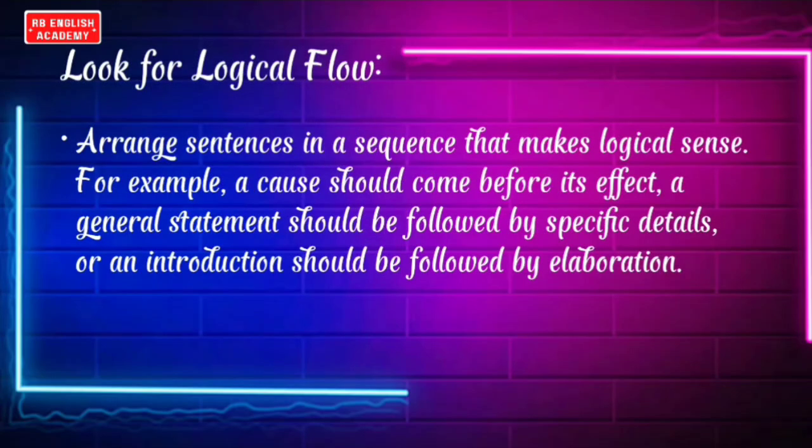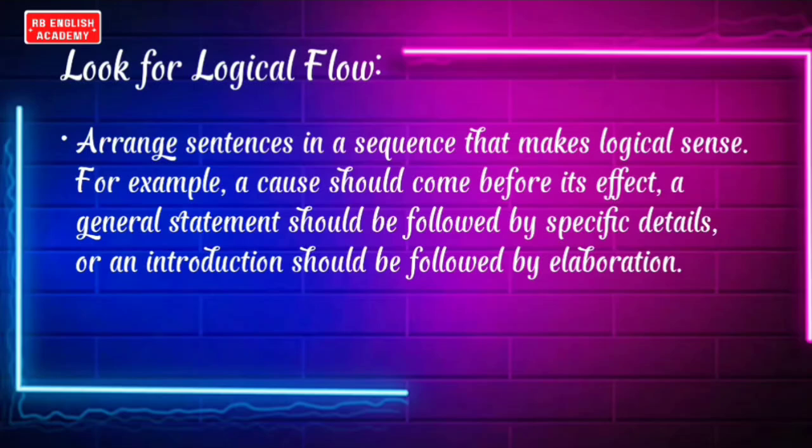And the next tip is look for logical flow. Arrange sentences in a sequence that makes logical sense. For example, a cause should come before its effect. A general statement should be followed by specific details, or an introduction should be followed by elaboration.